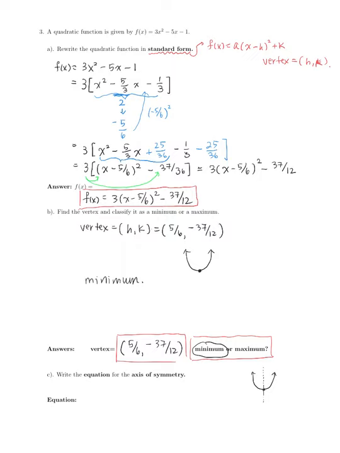So here, the equation of a vertical line is expressed by x equals something. So x equals, what's the x coordinate of the vertex? 5 over 6. That's a 5, by the way, sorry. It looks so ugly. So here you're going to have x equals 5 over 6, and that's going to be the equation of the axis of symmetry.